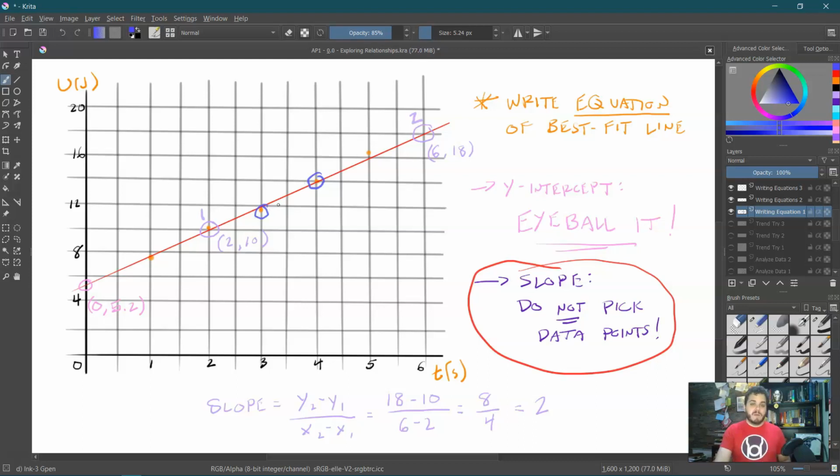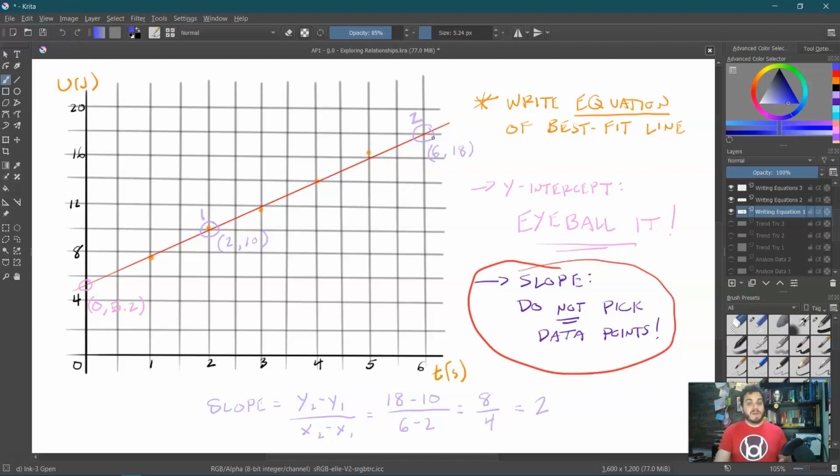I'd find the slope between these 2 points, but that's not really the slope of this red trend line. That's the slope of only those 2 points. And so we're no longer taking the entirety of the data into account. We're only taking those 2 data points. So don't pick our data points. Pick points on the trend line that are not data points.